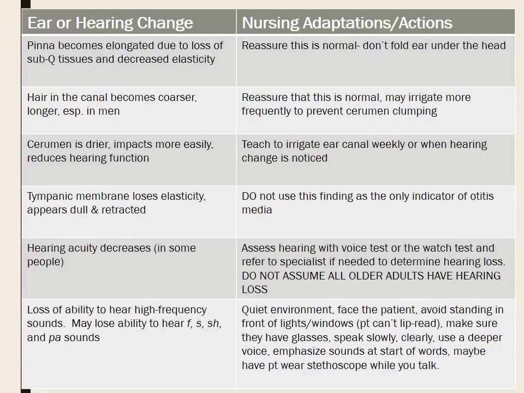So we always want to screen older adults for hearing acuity, just starting by asking, do you have hearing problems? Or has any family or friends expressed concern about your ability to hear? Sometimes families notice behaviors, like the person maybe saying "what" a lot, or tilting their head and straining to hear what's being said. So we always want to do these assessments.